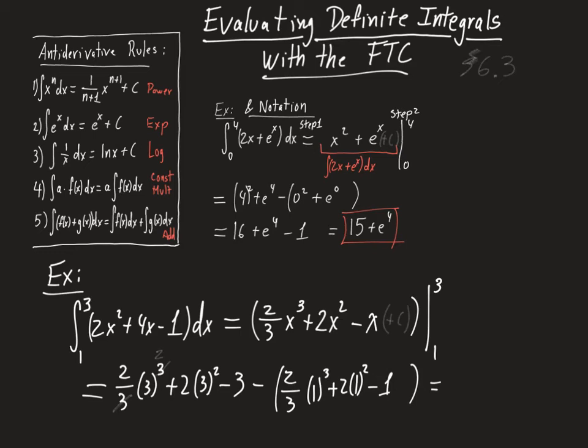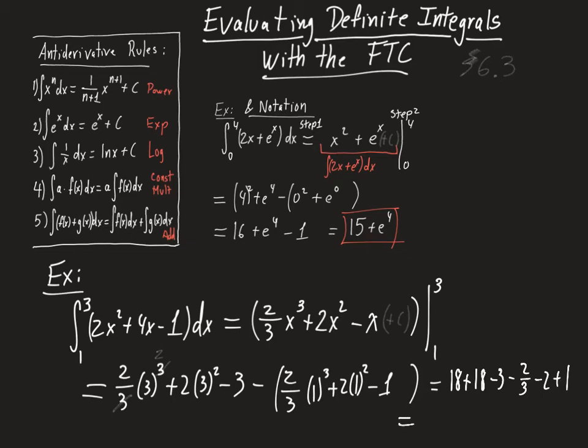So 2 times 3 squared is 2 times 9, which is 18, plus 18 minus 3, minus 2/3, minus 2 plus 1.